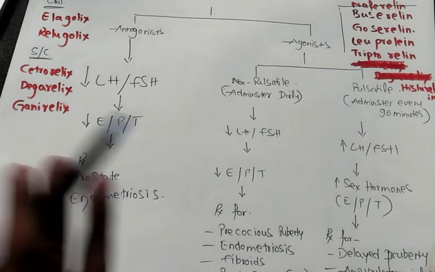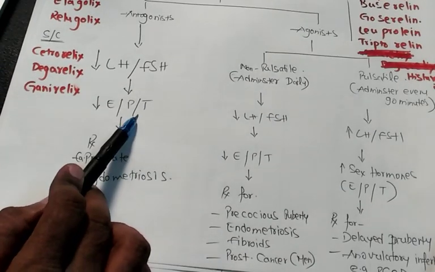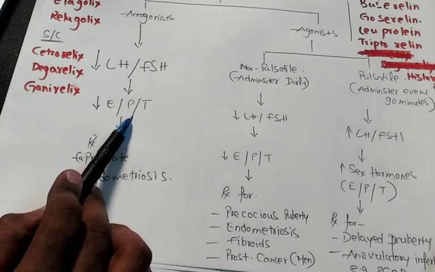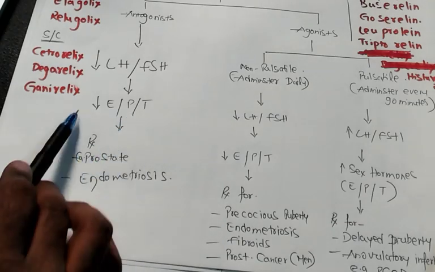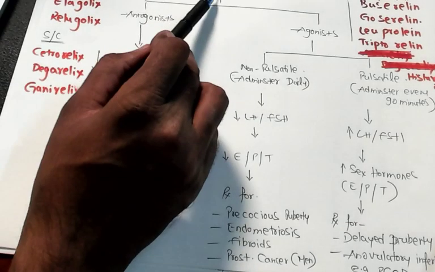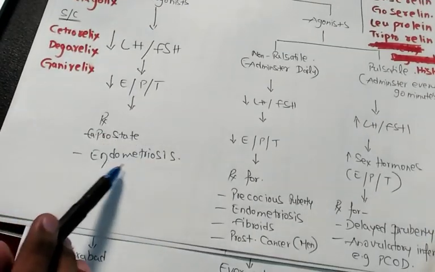So in any clinical condition where excess estrogen or excess testosterone is unwanted, that is the situation where you require to use a GnRH antagonist is what you need to remember.